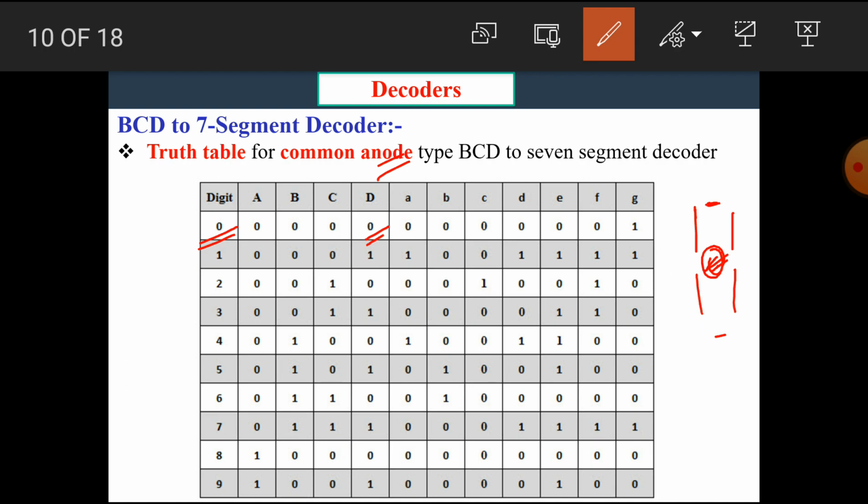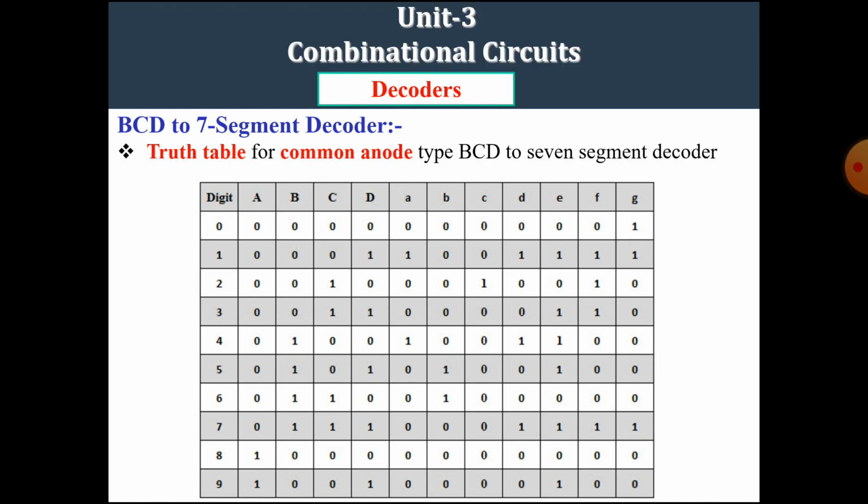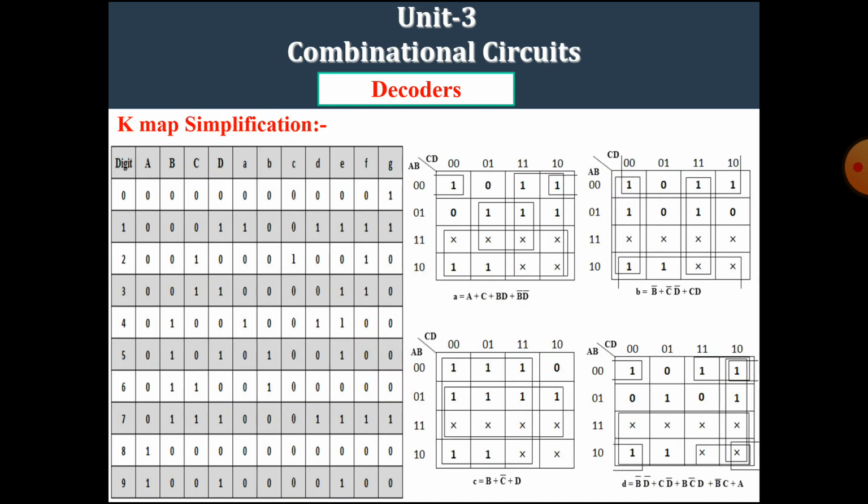Hence, to turn on a segment, we have to provide 0 to it, and we want the G segment off, hence we provide it 1. Similarly, we can see here 8. In 8, all the segments need to be on, hence all the segments should have the values 0 0 0 0. I hope you all understand the basic difference between common cathode type and common anode type truth tables.